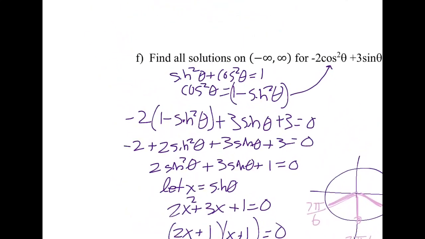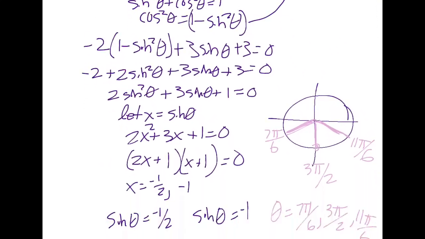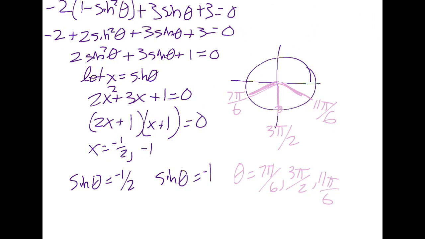But we want the solutions on the interval negative infinity to infinity. So all we need to do is state those theta values, but then add to them full revolutions of the unit circle. Because if I go all the way around, I get back to the same spot.